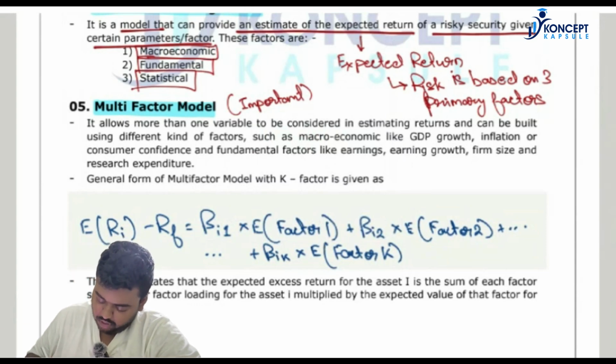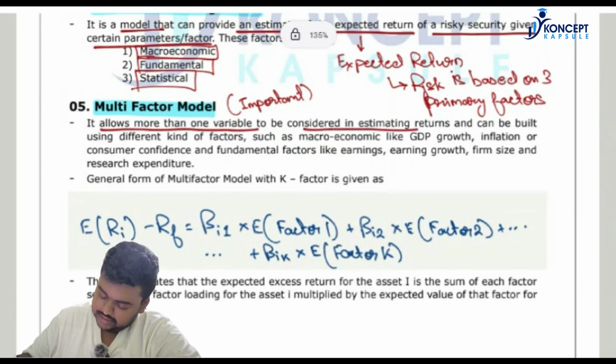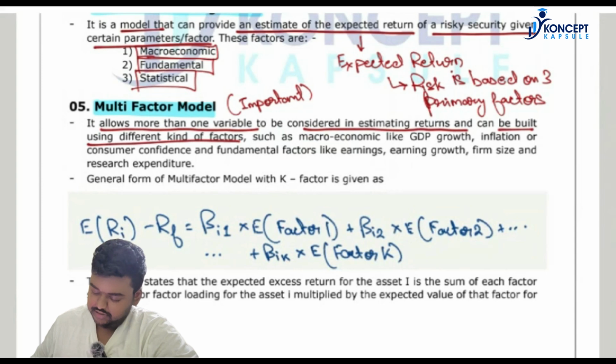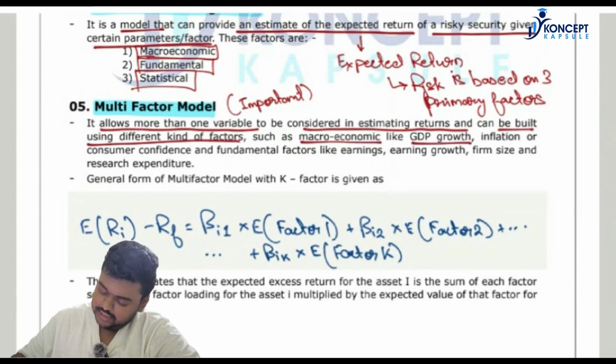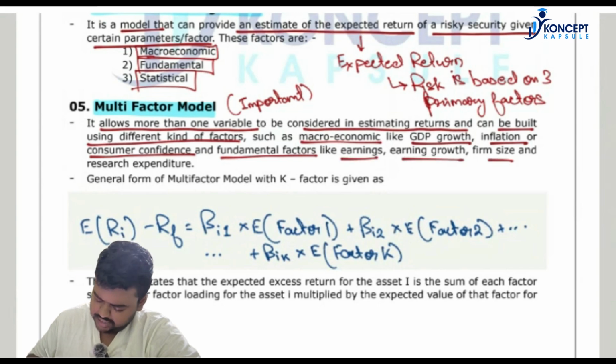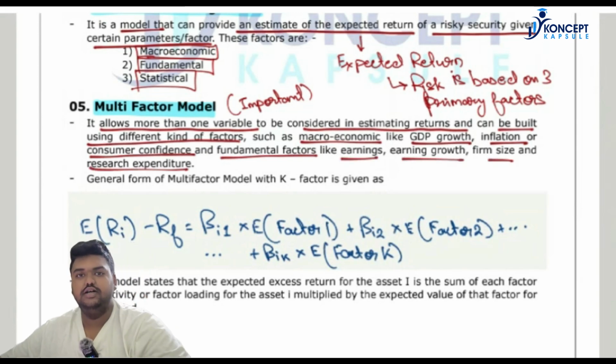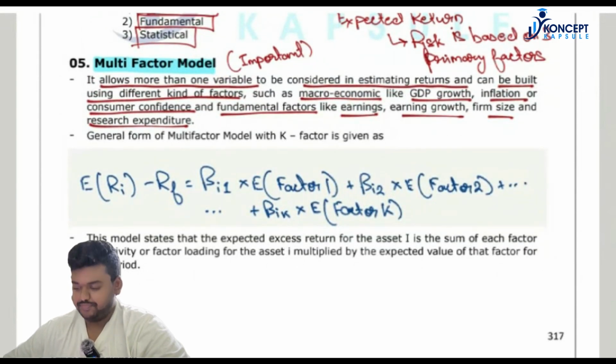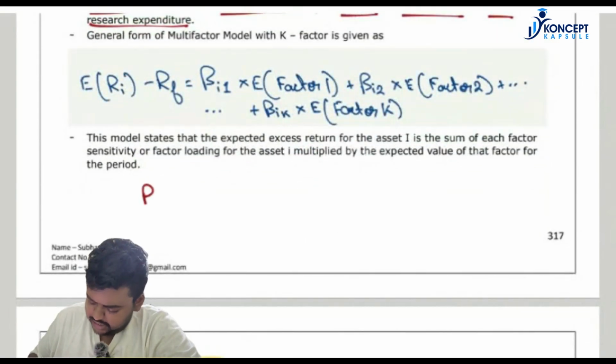The multi-factor model allows more than one variable to be considered in estimating the return and can be built using different kinds of factors, such as macroeconomic factors like GDP growth, inflation, or consumer confidence, and fundamental factors like earnings, earnings growth, firm size, and research expenditure.